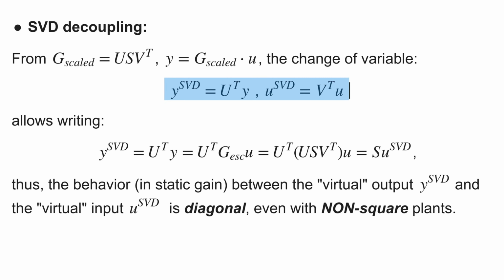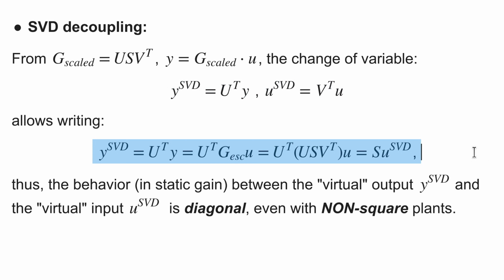And we also discussed that making this change of variable, we could express the DC gain between Y SVD and the U SVD as the diagonal matrix S. Just note that we have a capital U denoting the matrix of the singular value decomposition and the lowercase u denoting my control action.